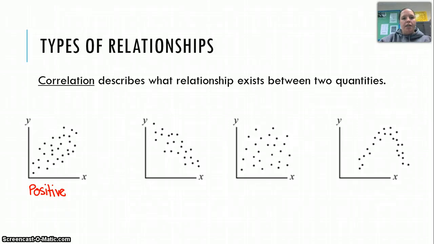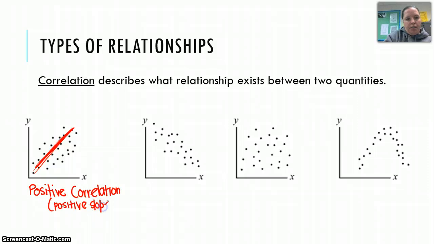It shows a positive correlation. If you think about this as a line, and we'll talk about the line part in a minute, positive correlation also looks like positive slope. So if it was a line, it would have a positive slope.